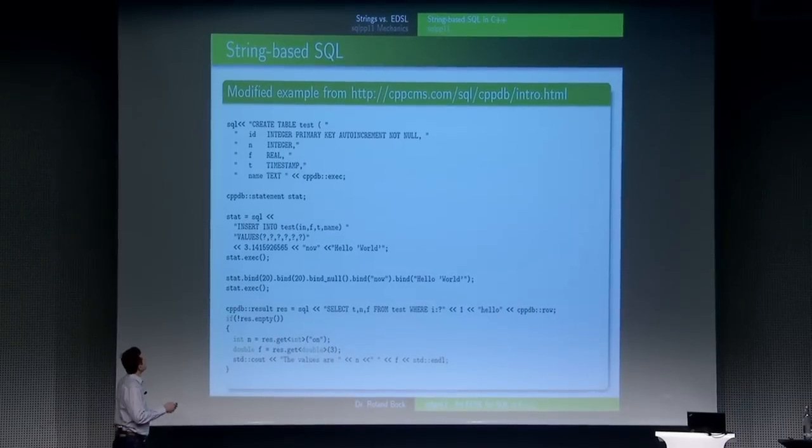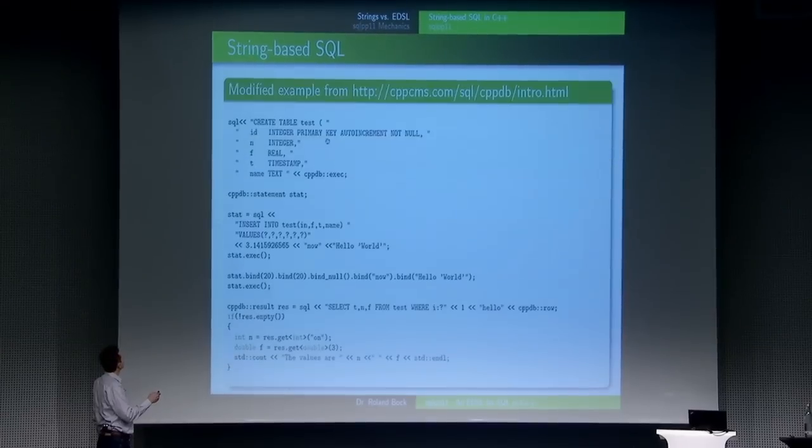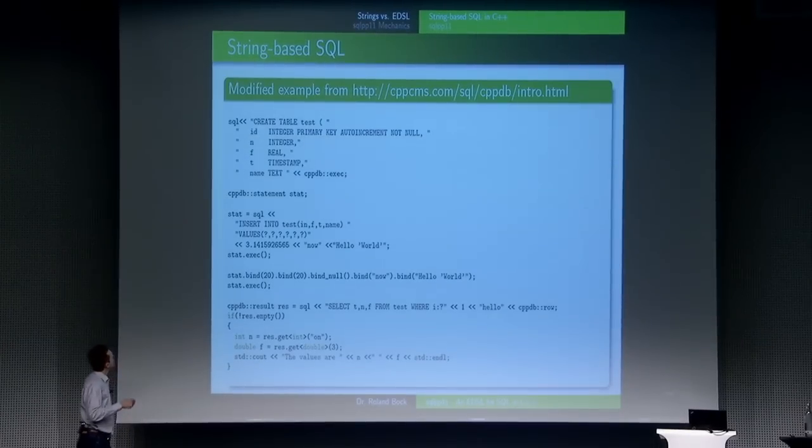What you can see is that we create a table here with a string. So we send a string to some SQL object and then say execute. So that is creating a table. Then we create a statement, and statements are filled with, again, some SQL object that gets fed a string.